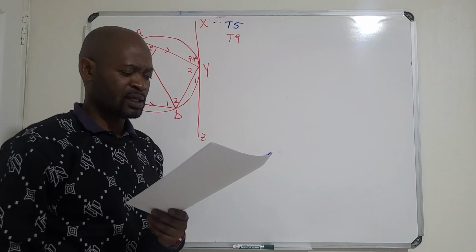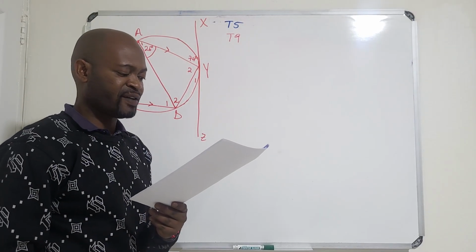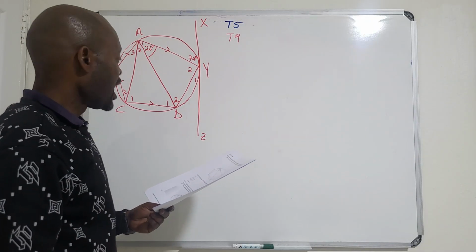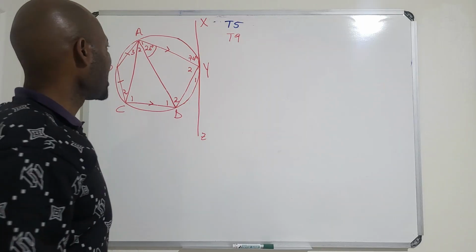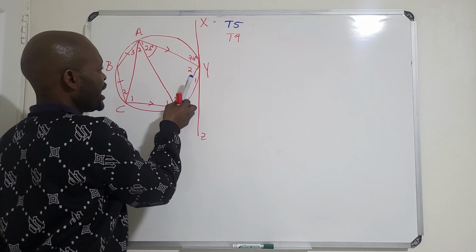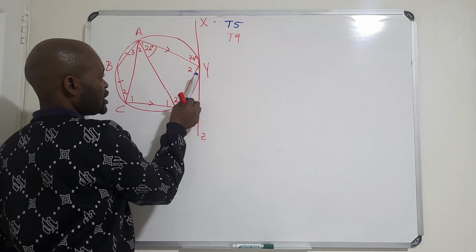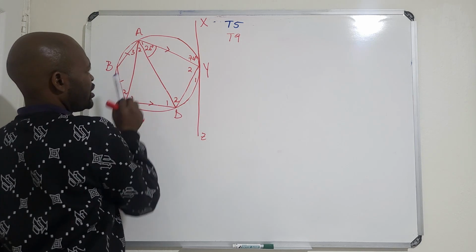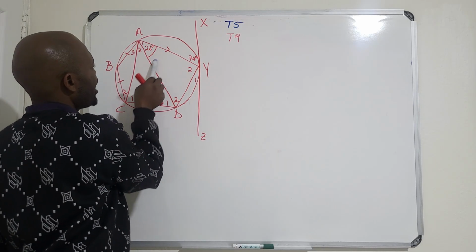Now they say to us, determine the size of the following angles, giving reasons. We are told to determine angle Y1. For us to find angle Y1, we can see that Y1 is made by this chord and the tangent. And this chord subtends this angle there. Therefore, this angle is equal to that angle there.